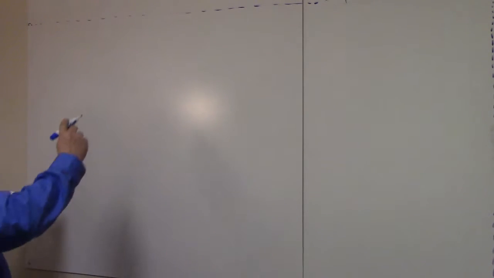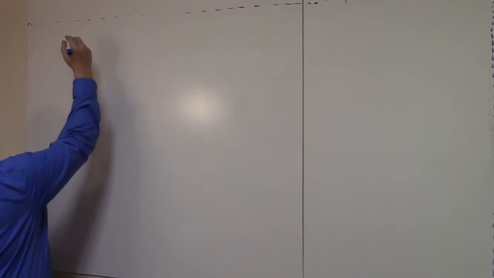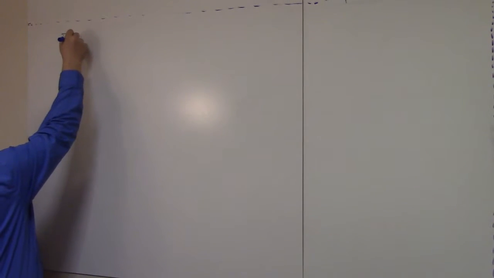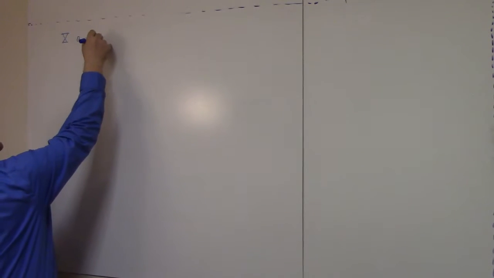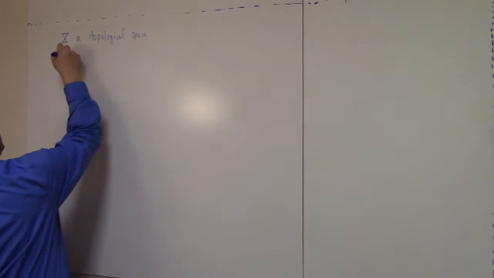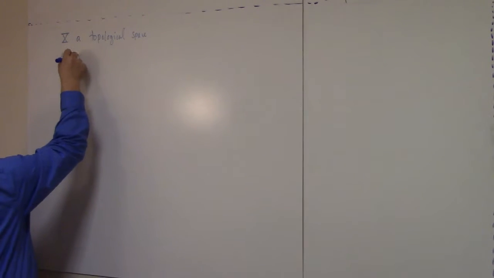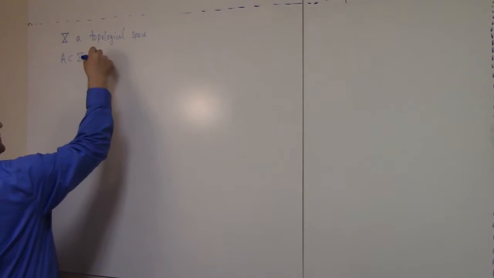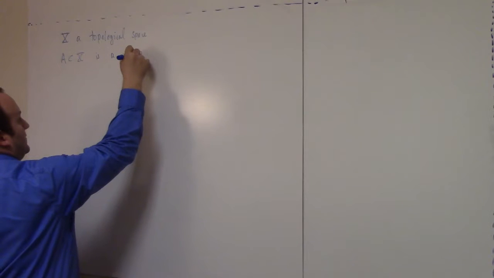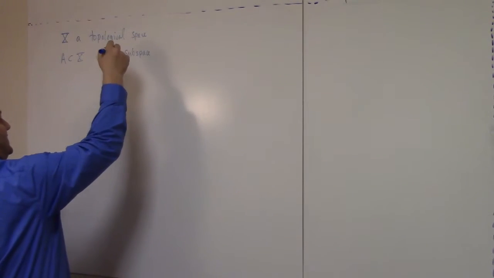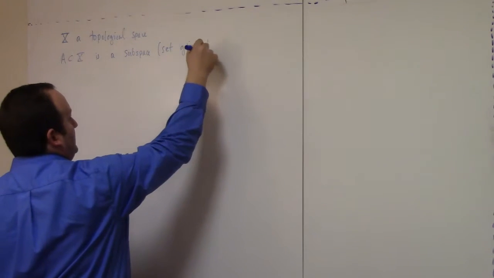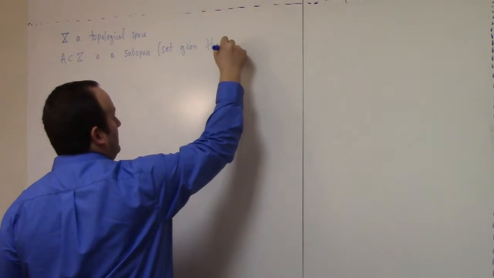Okay, do you remember the subspace topology? If we have X, a topological space, then a subset A of X is a subspace. In other words, it's a set given the subspace topology.